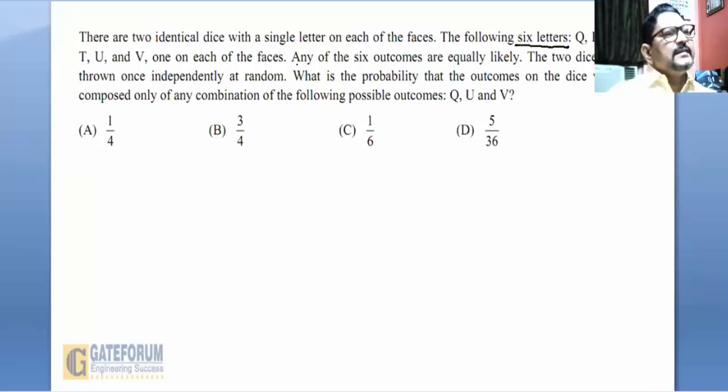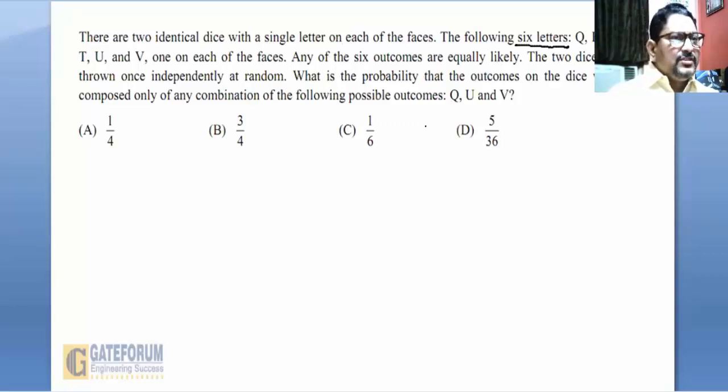They have said that any of the 6 outcomes are equally likely. The 2 dice are thrown once independently at random. What is the probability that the outcomes on the dice were composed only of any combination of the following possible outcomes, Q, U, and V?